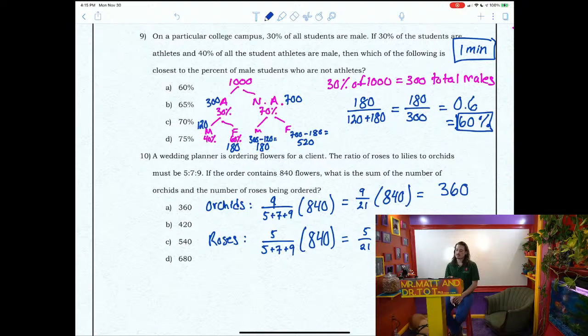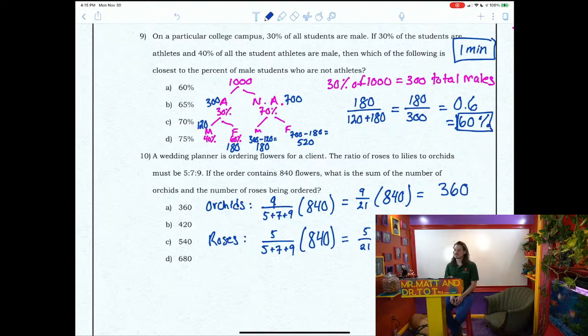So if I subtract 120 athletic males from the total 300 males, I'll get 180 non-athletic males. That has to add up to a total non-athletic of male and females of 700. So 700 minus 180 will give me 520 non-athletic females.